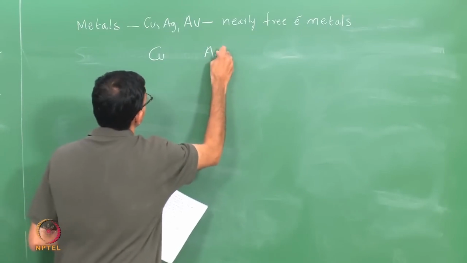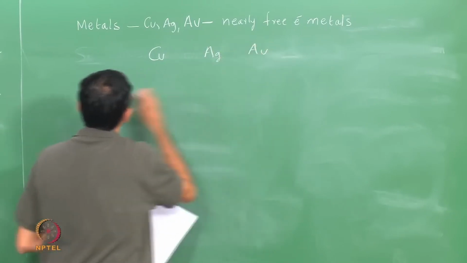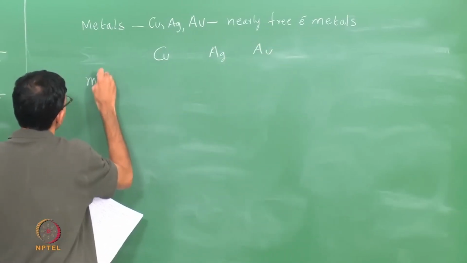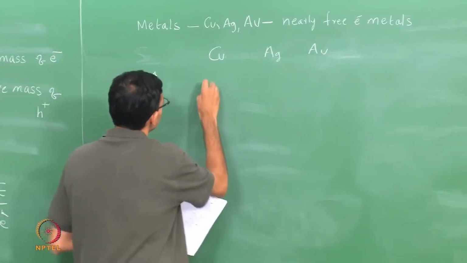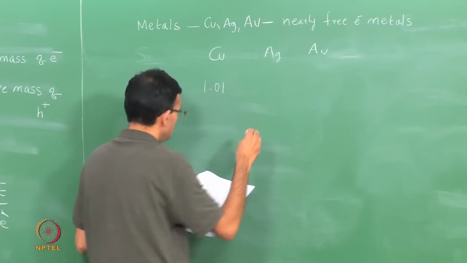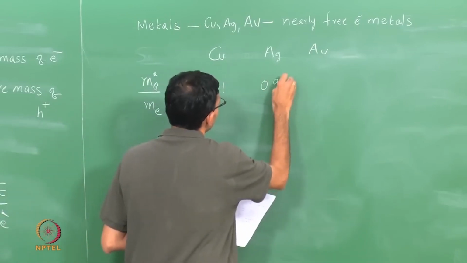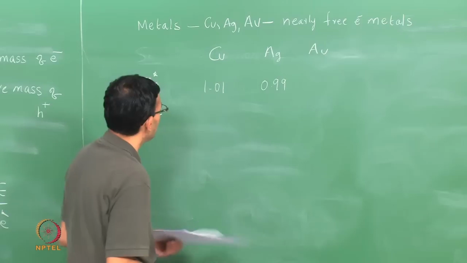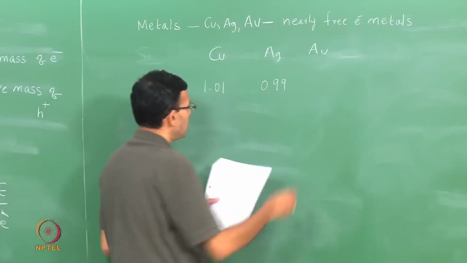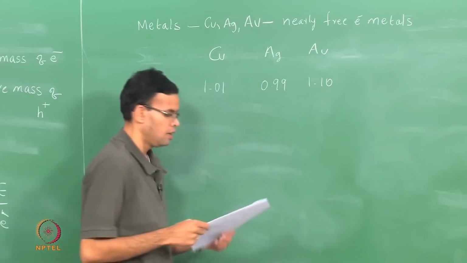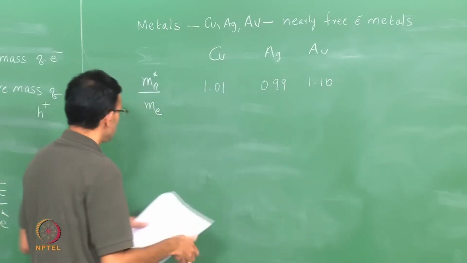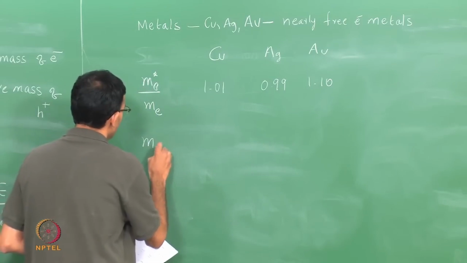Copper, silver and gold, ME star over ME: silver is again 0.99 which is close to 1, copper is also close to 1, gold is similar. Let us look at semiconductors. So, we will first look at the electron.